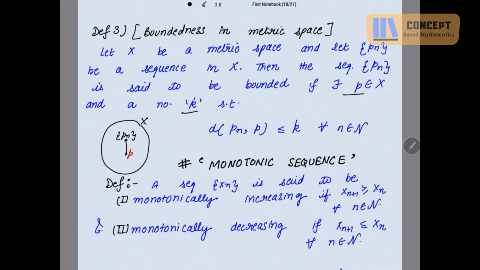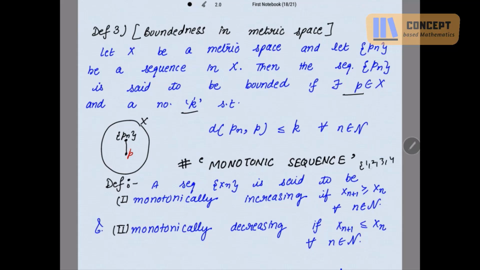Now the monotonic sequence. The definition: a sequence xn is said to be monotonically increasing if xn plus 1 is greater than or equal to xn. That means the succeeding element xn plus 1 should be greater than or equal to its preceding one, that is xn, right? We say that this sequence is monotonically increasing. For example, the sequence 1, 2, 3, 4.